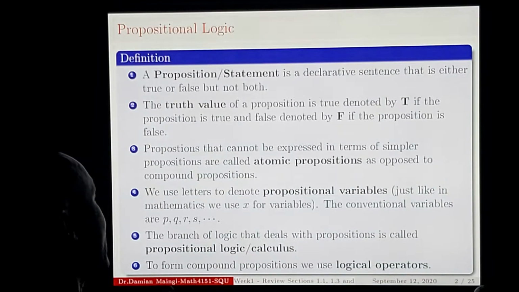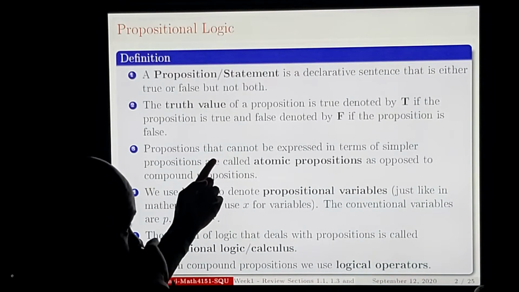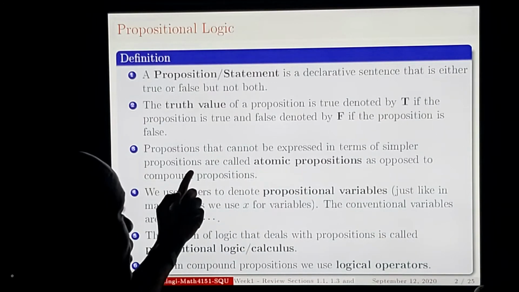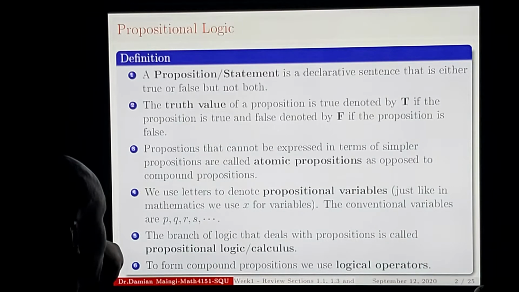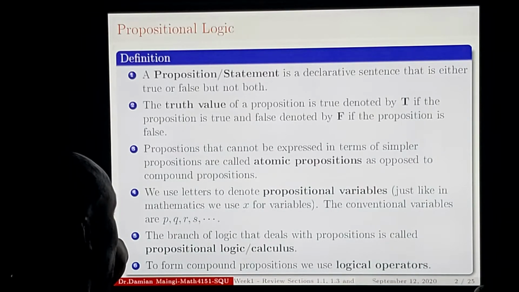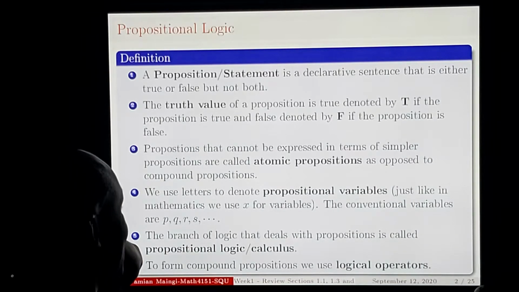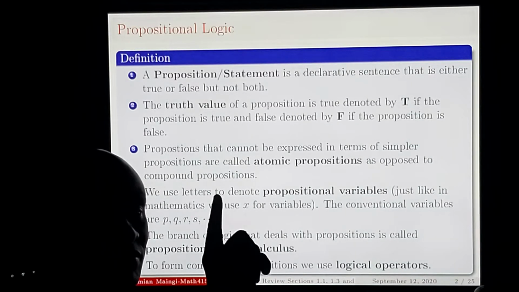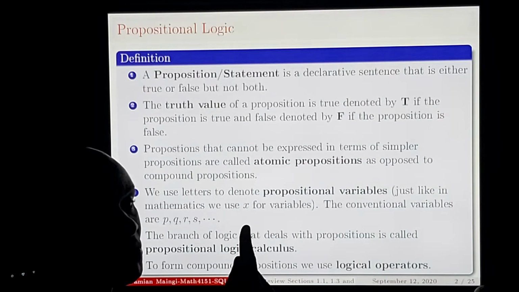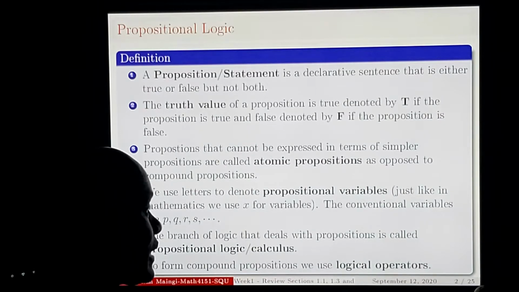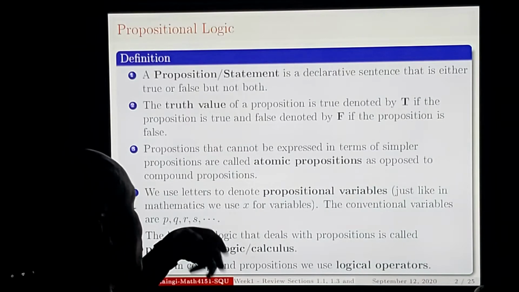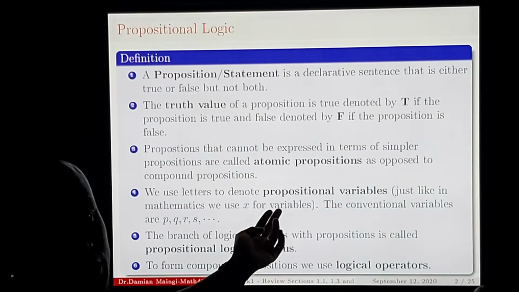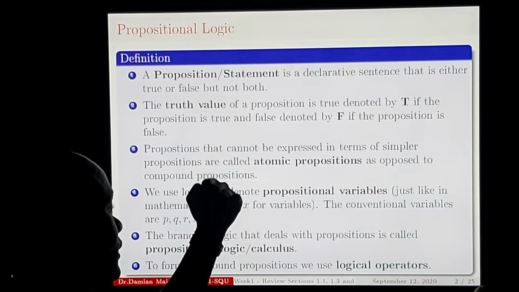Okay? Then propositions that cannot be expressed in terms of simpler propositions are called atomic propositions, as opposed to compound propositions. Basically, when a proposition just gives you one fact to verify, you cannot break it into simpler ones. And we use p, q, r, s to represent them, just like in calculus, in functions, we used to use x for variables.